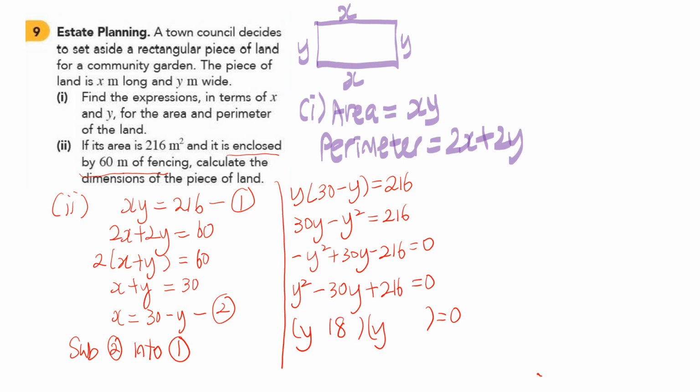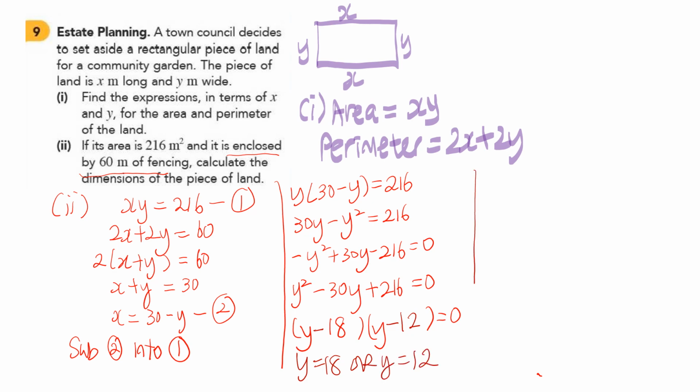I don't have a calculator here. 216 divided by 18 gives 12. So y can be 18 or y can be 12.